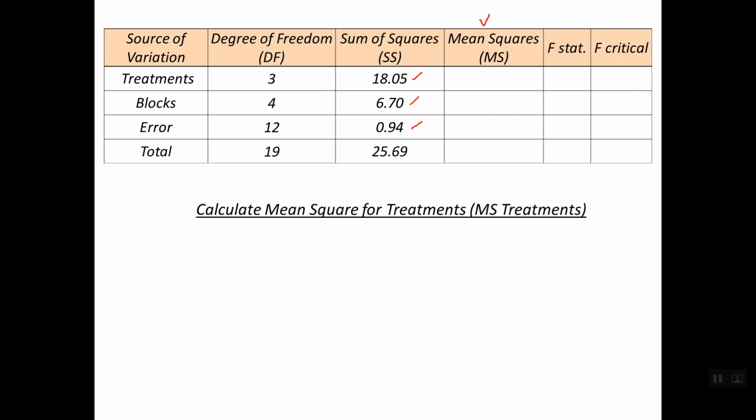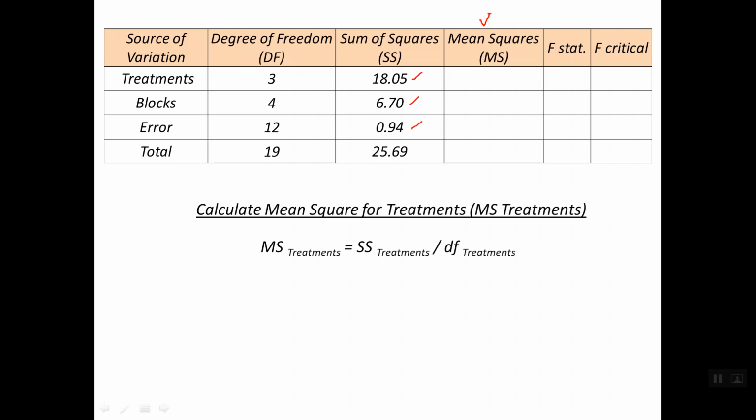Now we can simply calculate the value of the mean squares by dividing the sum of squares by the value of the degree of freedom.